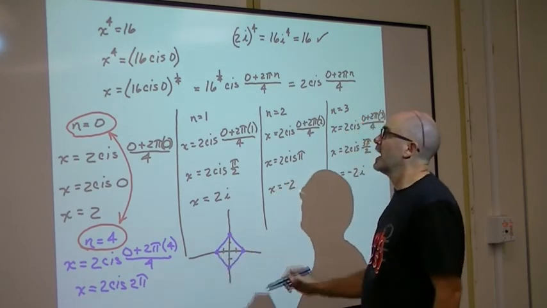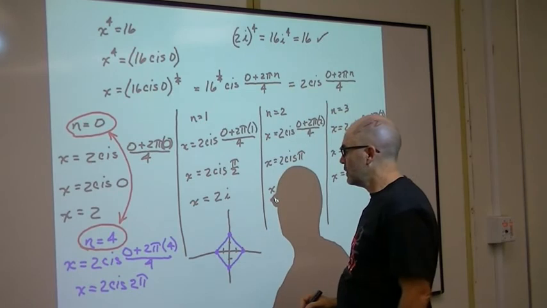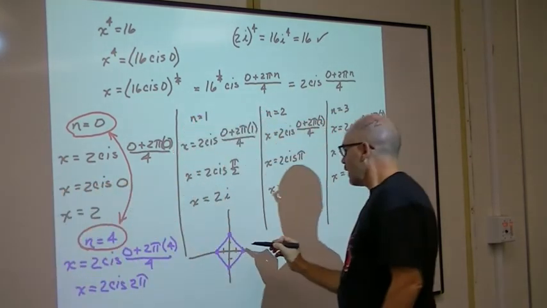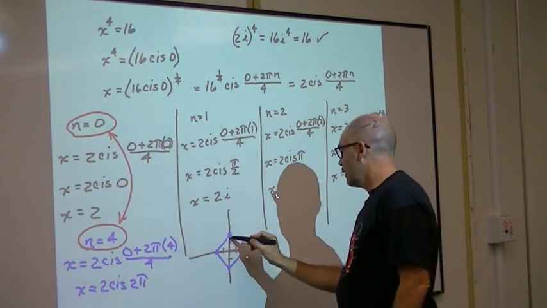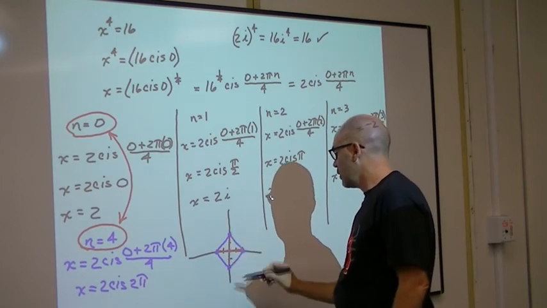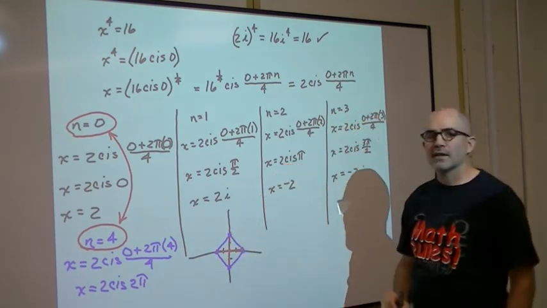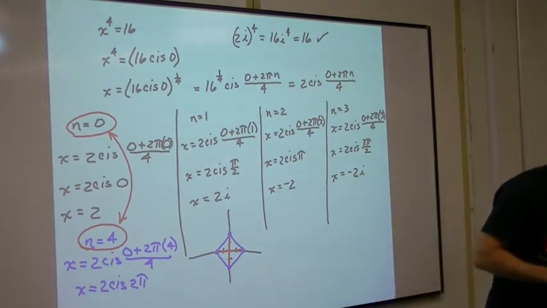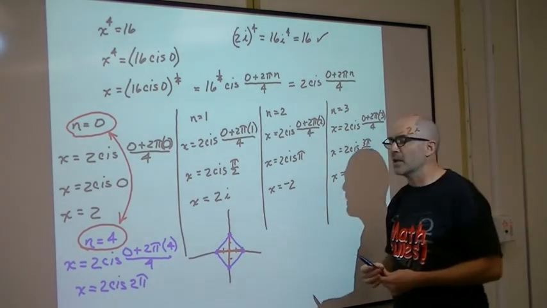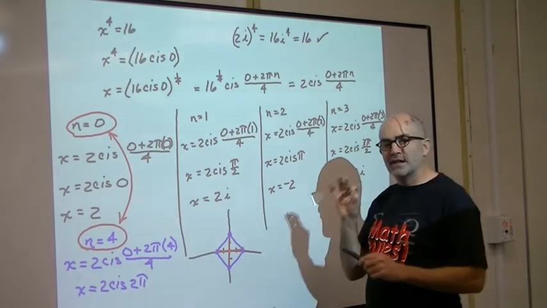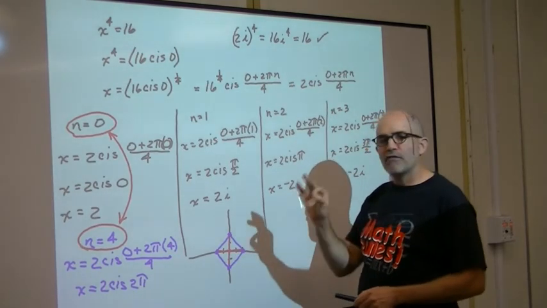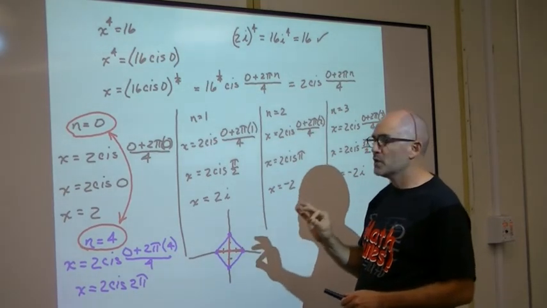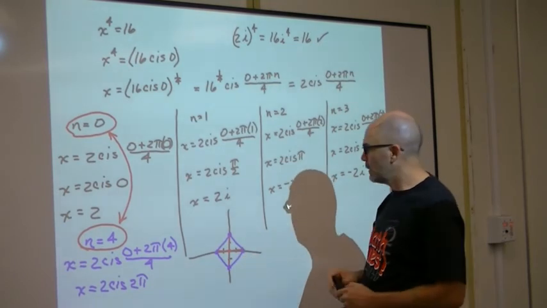And notice the number of sides will be the root. And this polygon is also the same distance from the origin to all 4 points. And if you check out in the book, they do example 5, a 5th root of 32, which is immensely fascinating because it comes out with a pentagon where the center is the origin, and all 5 points are 2 away from the origin at all 5 different angles.